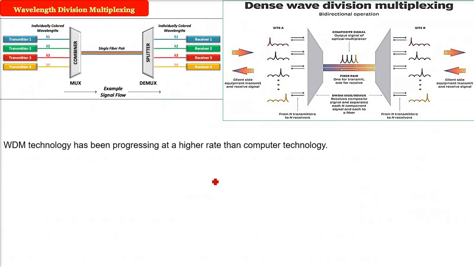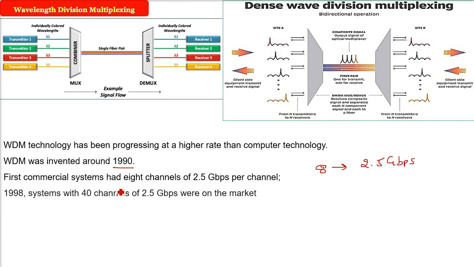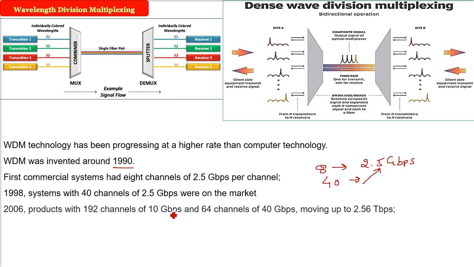WDM technology is advancing faster than computer technology, because WDM was invented around 1990. The first commercial system had 8 channels, every channel giving 2.5 Gbps. In 1998, there were systems with 40 channels, each providing 2.5 Gbps.